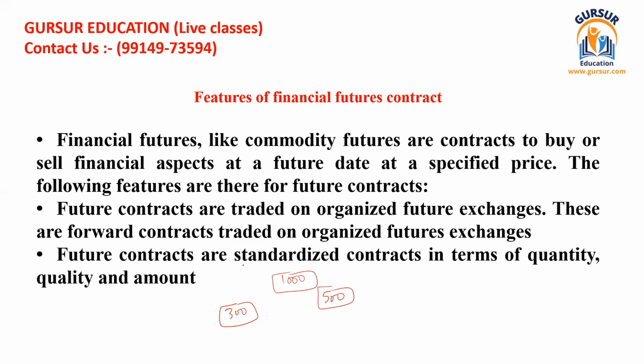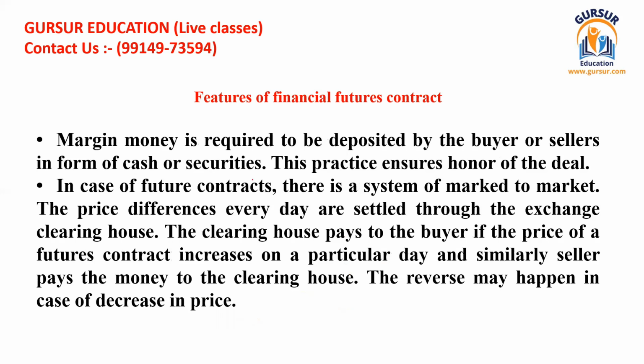This is why it is said that future contracts are always standardized contracts. After that, margin money is always required to be deposited by the buyer or seller in the form of secure cash or securities. So it's very obvious that you need a broker for making contracts in the futures market and in the derivative context.